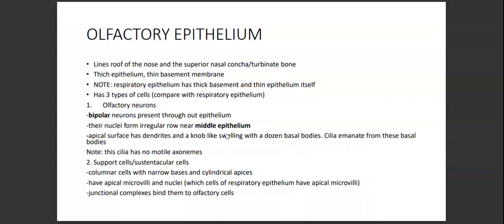The cilia that emanate from these basal bodies are non-motile. That's why in some past papers you find a question that says, which of the following is true?